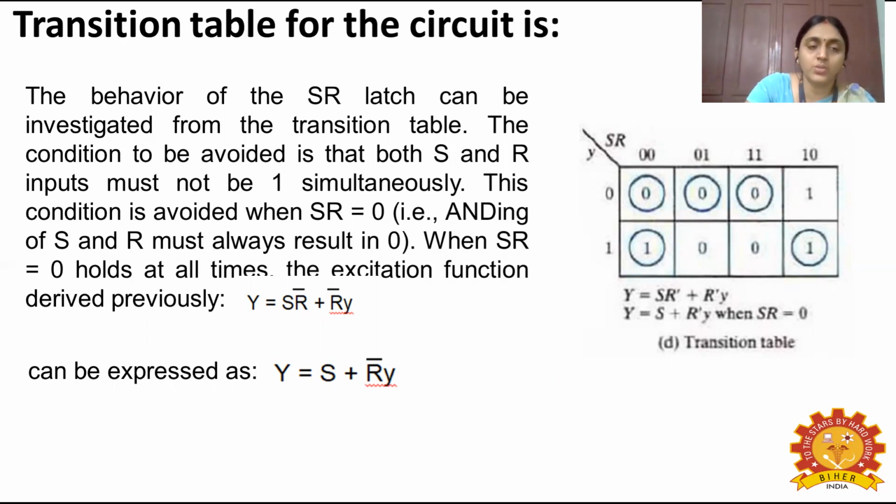When SR is equal to 0, which holds at all times, then the excitation function derived previously can be written as Y is equal to SR dash plus R dash Y, which can be expressed as Y is equal to S plus R dash Y. Here the transition table is given clearly, where we can see the transitions involved, and the Boolean expression has also been mentioned, which is Y is equal to SR dash plus R dash Y and Y is equal to S plus R dash Y when SR is equal to 0.